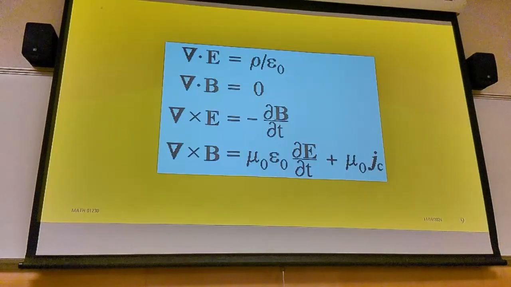So I said these are probably the four most important equations in all of human history. This just happens to be called the differential form of Maxwell's equations. There is an integral form as well that we will examine.